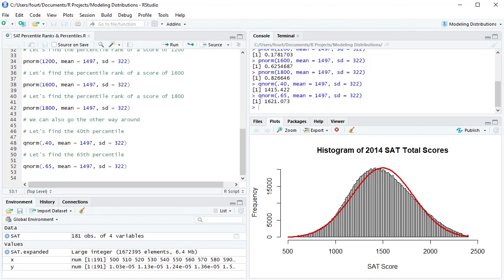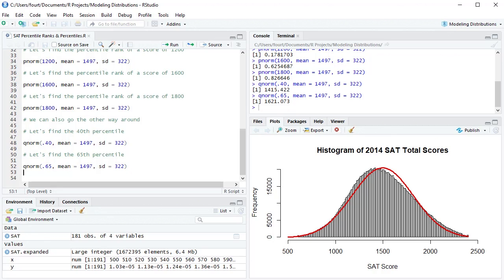If we know what normal distribution provides a good model for our data, we can use the pnorm and qnorm functions to obtain percentile ranks and percentiles of the distribution. In the not too distant past, to calculate percentile ranks and percentiles, students would have to convert the scores on a normal distribution to z-scores on the standard normal distribution.